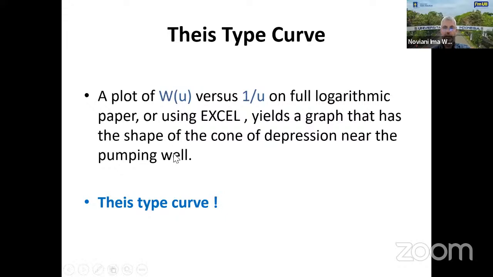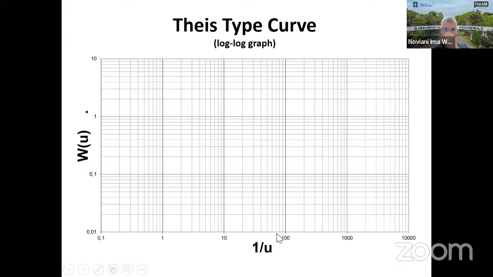Okay. So let's say we do this for 100 different u values and then take those numbers we got from the previous table and plot them in the log graph like shown here. So we have our W(u), and for each W(u), we have a u. To make it a little bit more complicated, in the Theis method, we not just take u, we take the inverse of u, so 1 over u. All right.